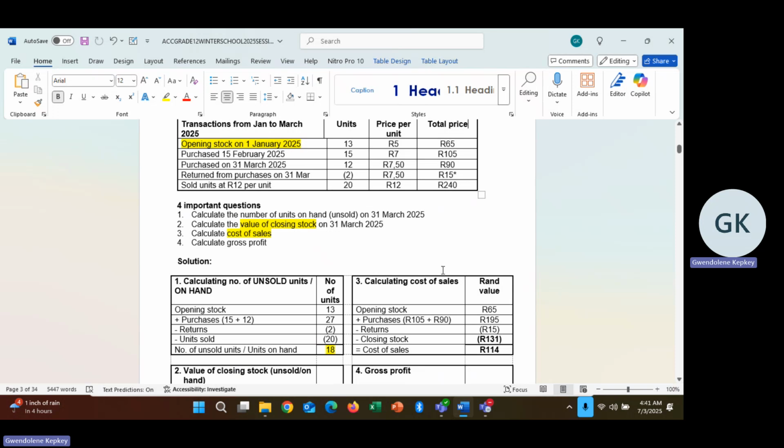So I am sitting with total purchases of R195. I hope you are clear on that, where I'm getting these two figures from. So my opening or beginning stock plus my total purchases. Then it is, do you recall, the business wasn't too happy, and we returned goods.